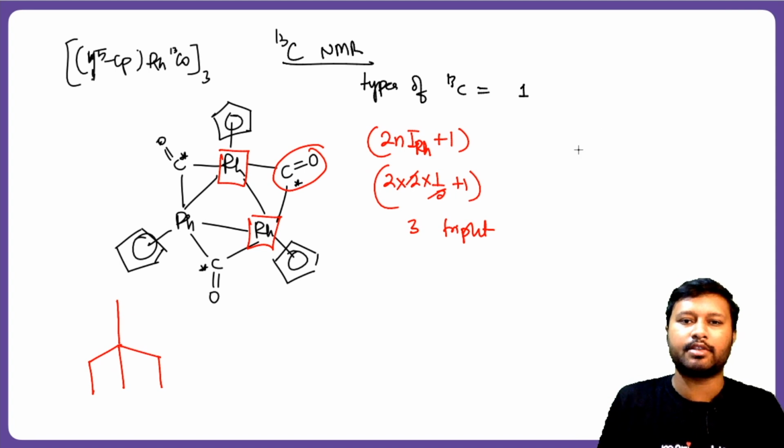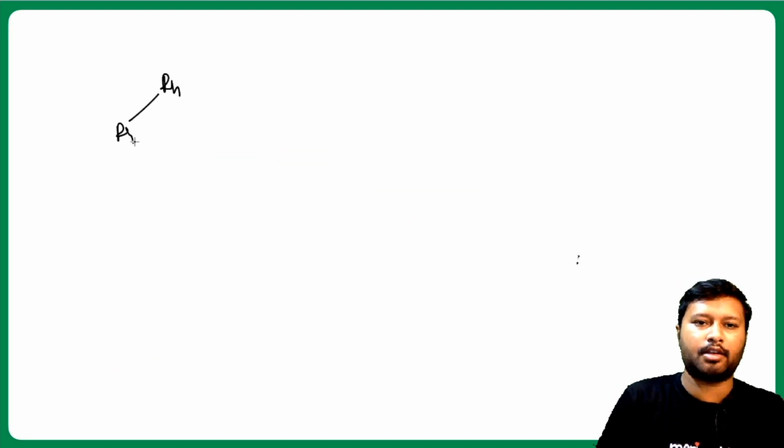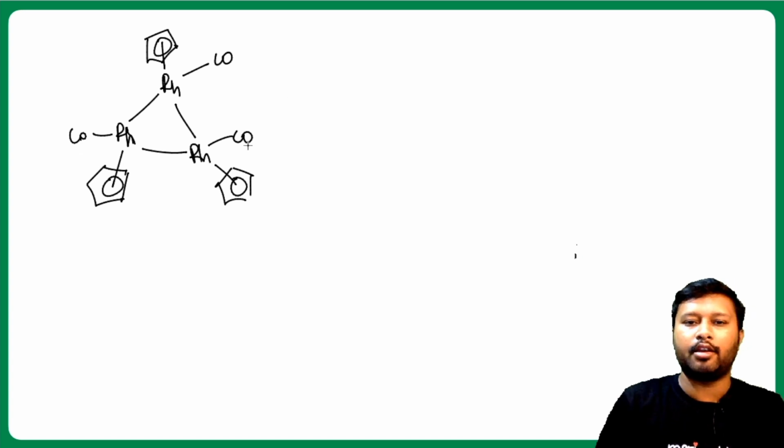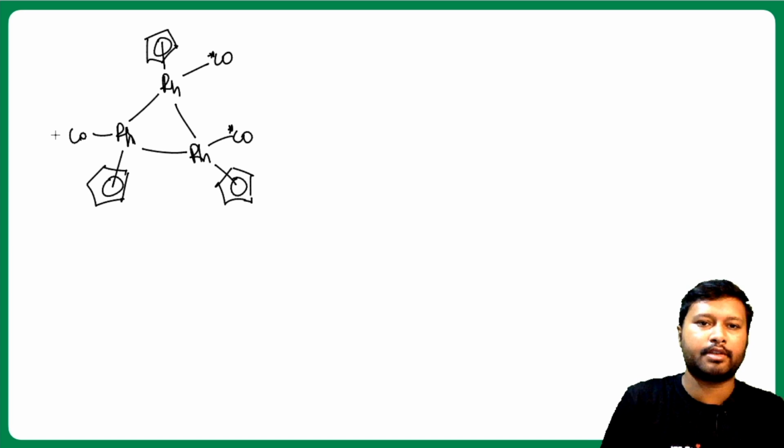In that case I have the same molecule, but the structure will be like this. 3 metal bonds I have made, 3 Cp, and 3 CO. Again, all these carbonyls are labeled ones.